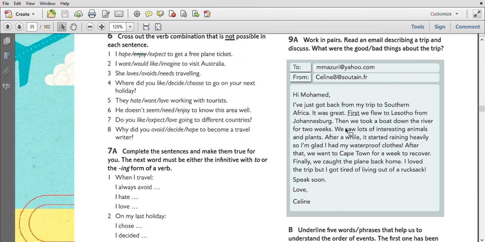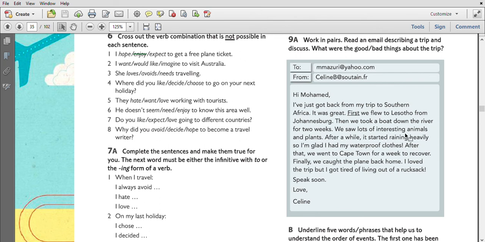The second, they saw lots of interesting animals and plants. They stayed for a week in Cape Town. They had a good experience. What bad things were there? It was heavy rain. It started raining heavily.